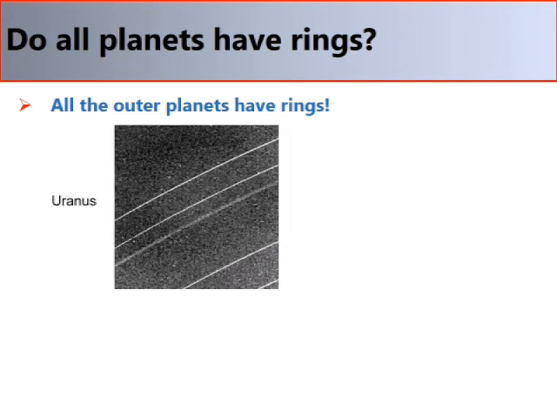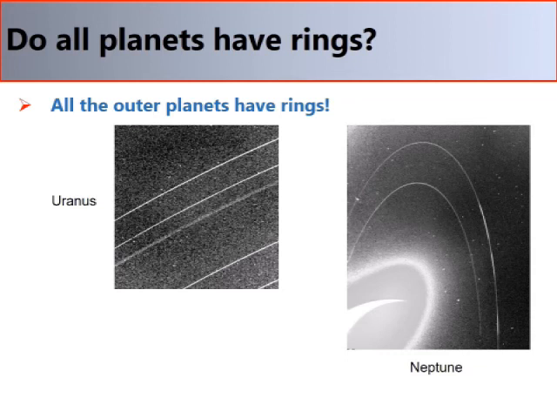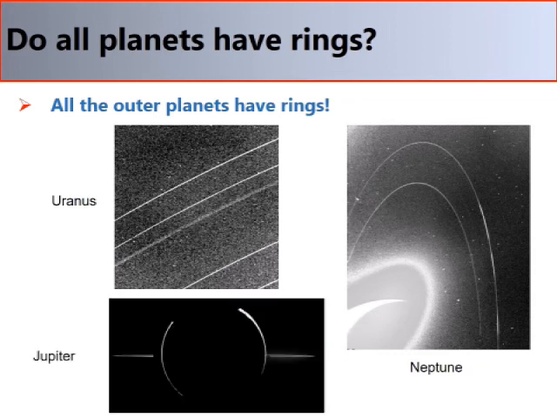So here are the rings of Uranus, Neptune, and Jupiter. Now, these rings are much thinner and much less extensive than Saturn's rings, and much harder to see. So that's why it wasn't until spacecraft could fly out through the solar system that we could see these images. But yes, all the outer planets have rings.